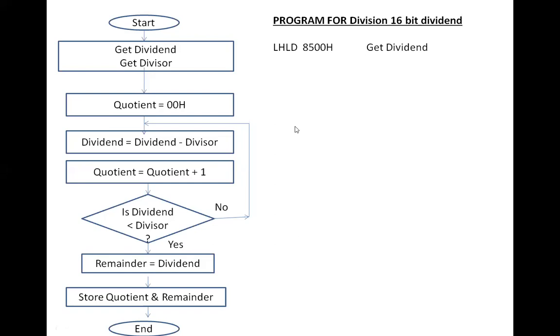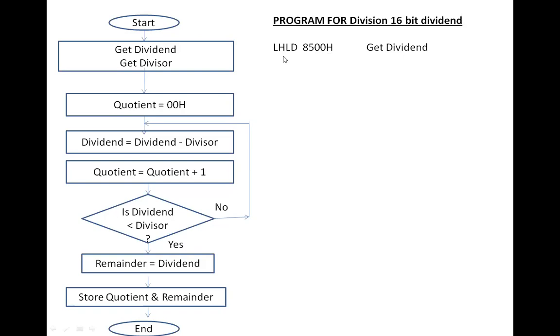First of all, since the dividend is of 16-bit, suppose that the 16-bit number is available at 8500 and 8501. So 8500 and 8501 contain the 16-bit number, 8-bit each. We are going to load the content of 8500 in the L register and 8501 in the H register.